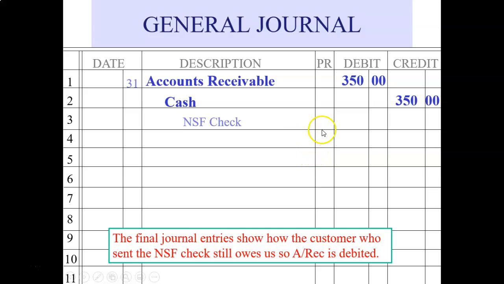If a whole year goes by and we put it through collections and we never get the money, then in that case, it'll be written off as a bad debt expense at that time. Okay, but for right now, we're going to assume that the customer is going to pay us. Customer owes us, so we're going to debit accounts receivable.